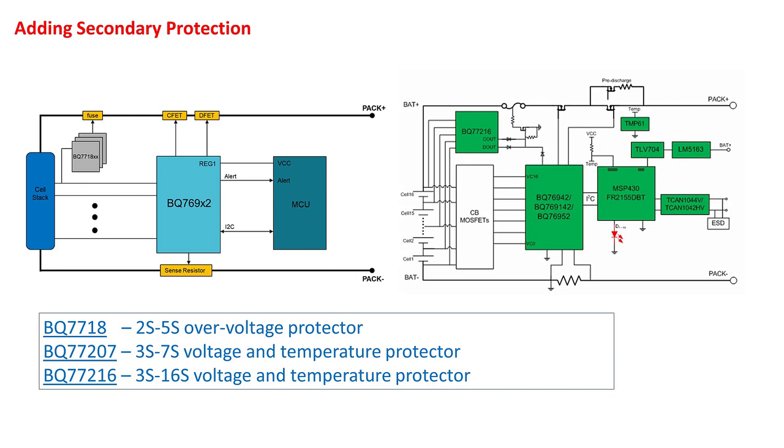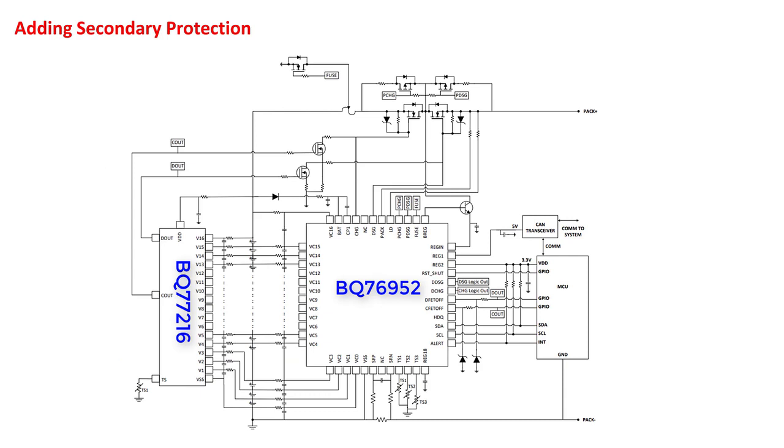When using a secondary protector, it is important that separate input filters are used on the battery monitor and the secondary protector. These should not share the same input filter components, or it could cause issues. The BQ77216 and BQ77207 secondary protectors have two output pins, Cout and Dout. When used standalone, these can be used to control a charge and discharge FET instead of controlling a fuse.